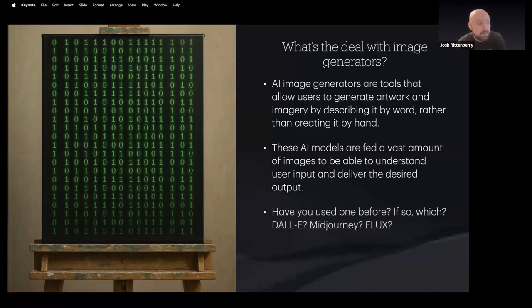And at this point, the AI boom is well in effect. So there's a chance that most of you have used one of these before, either through ChatGPT or anything. So have you used one? I'm sure most people have probably used a Dolly, because until recently that was built into ChatGPT.